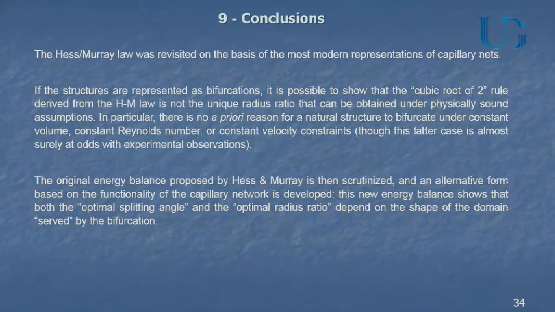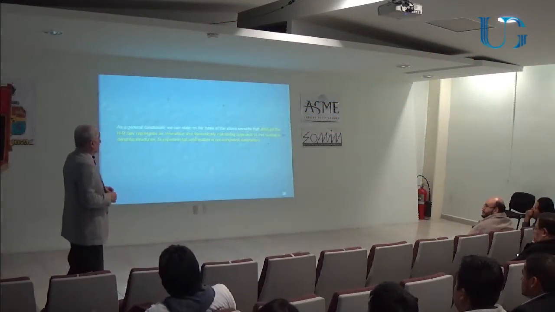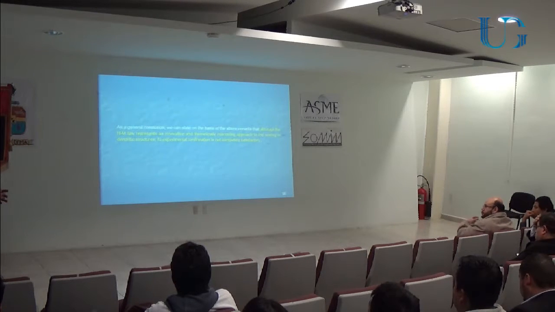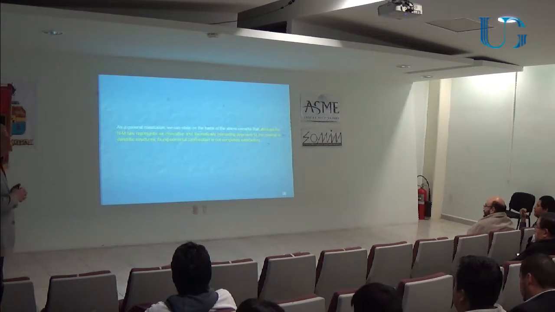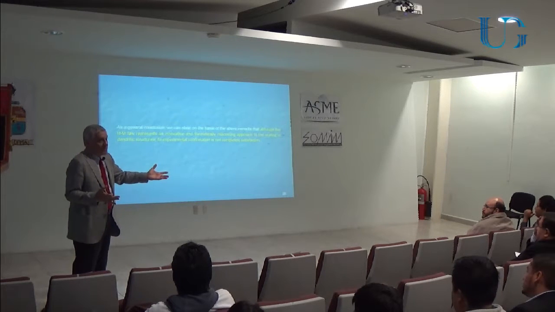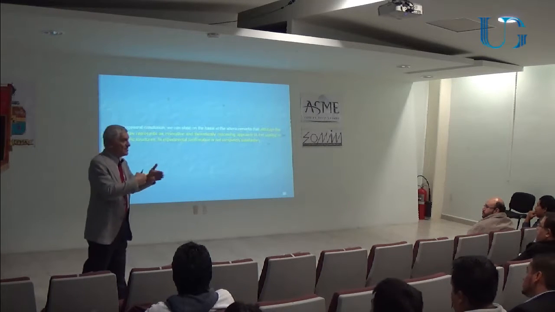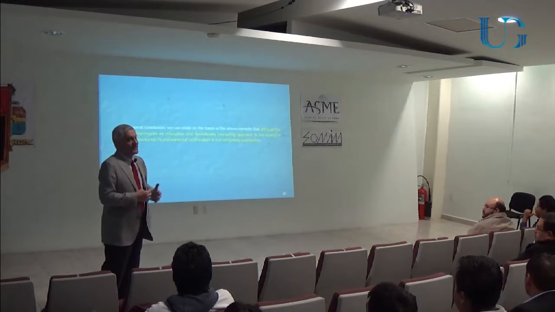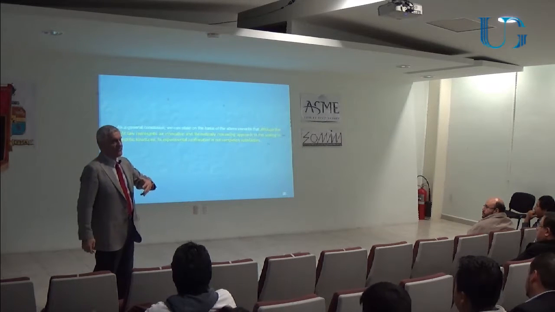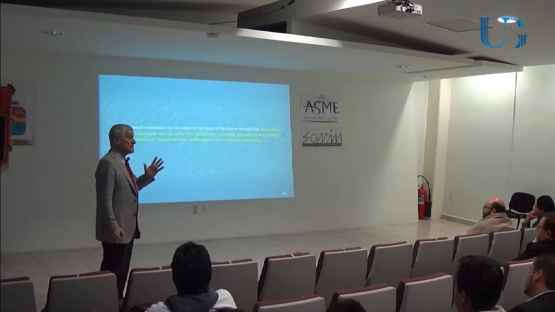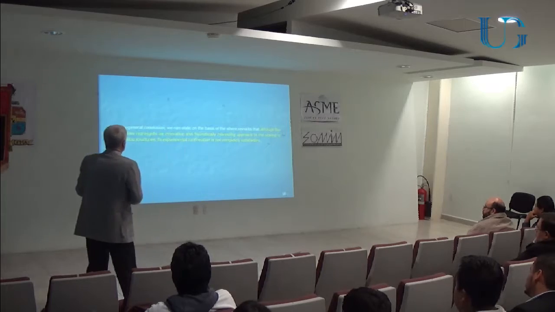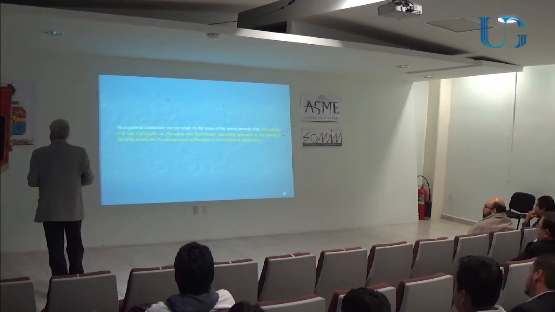But the allometric law doesn't seem to hold for the slenderness ratio, as we saw, and the experimental evidence shows that delta ranges from 0.4 to 0.85, which is okay. 0.79 is in between, but why do we have different deltas than 0.79? We have a whole range of deltas from 0.4 to 0.85, and in some cases we have 1 as a ratio of the bifurcation. So we need to find something else. Next, please.